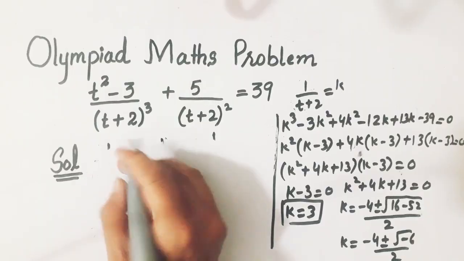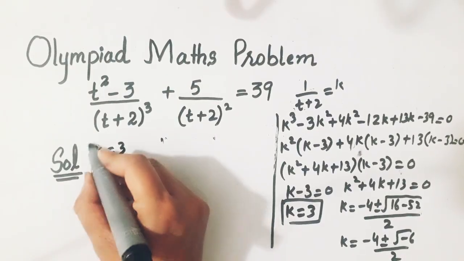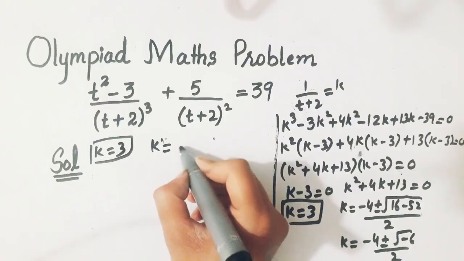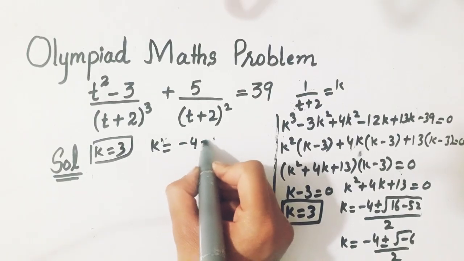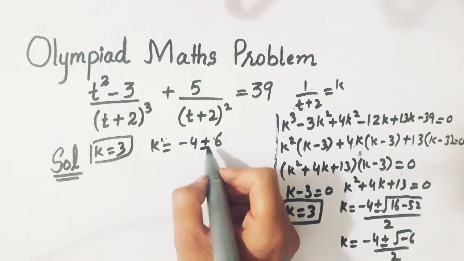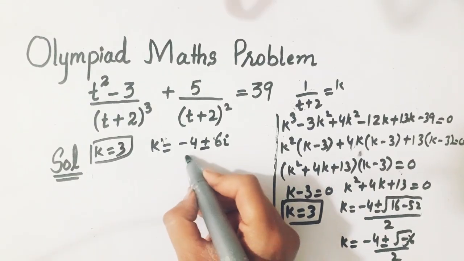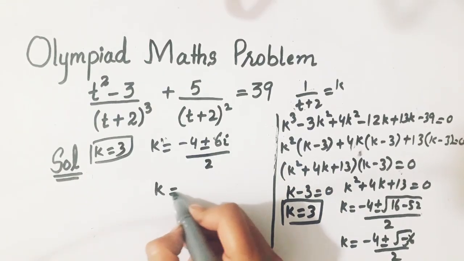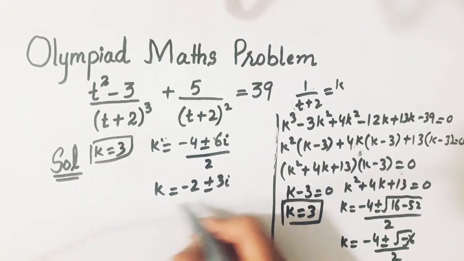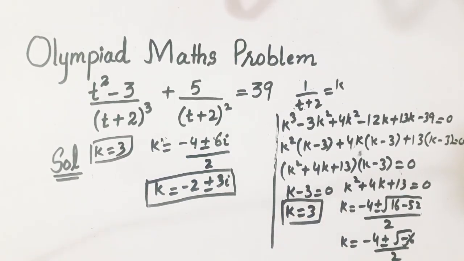We get k equals 3, this was the first one, and the other is k equals minus 4 plus minus 6 iota, because 16 minus 52 is minus 36, and root of minus 36 will become 6 iota, divided by 2. So the other value of k will be minus 2 plus minus 3 iota. So these are the values of k.